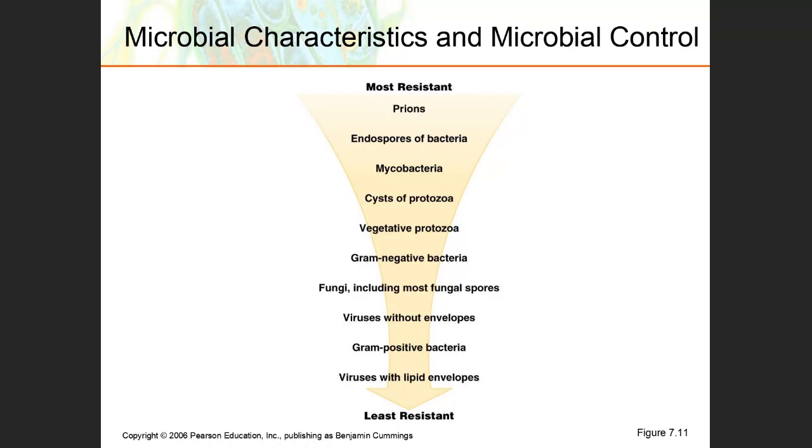Remember, if you can boil spores at least 30 minutes, or put them in a steam sterilizer for 15 minutes at 121 degrees Celsius, you can kill them. Next, we have mycobacteria, those thick, waxy cell walls that make those bacteria very resistant. Cysts, protozoa, which are similar to spores.